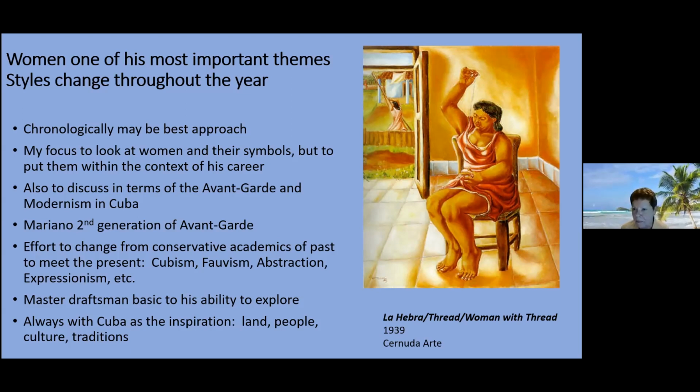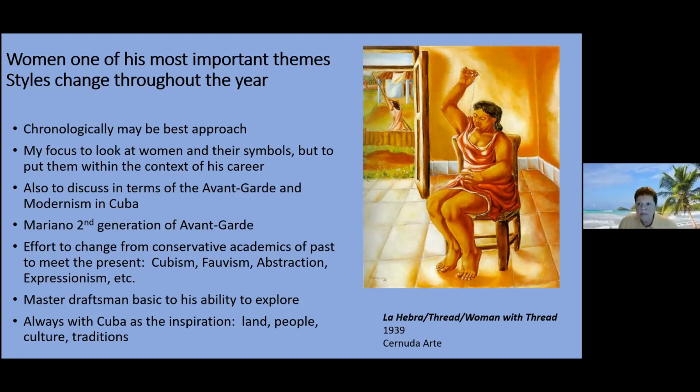That's the academic process. And it is with the basics of drawing that the artist is able to really enhance what he or she wants to do, because there's a firm foundation underneath. So Mariano does all of that. He can draw, he can work in a number of different media.